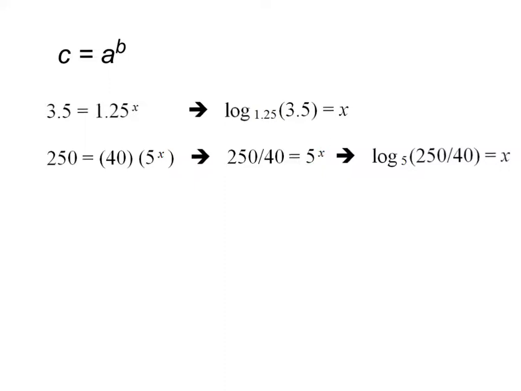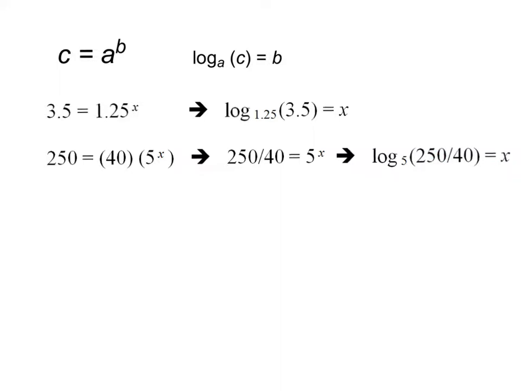Once both equations are in the proper form, we see that 3.5 equals 1.25 to the x power is equivalent to log base 1.25 of 3.5 equals x. And we also see that 250 equals 40 times 5 raised to the x power is equivalent to log base 5 of 250 divided by 40 equals x.